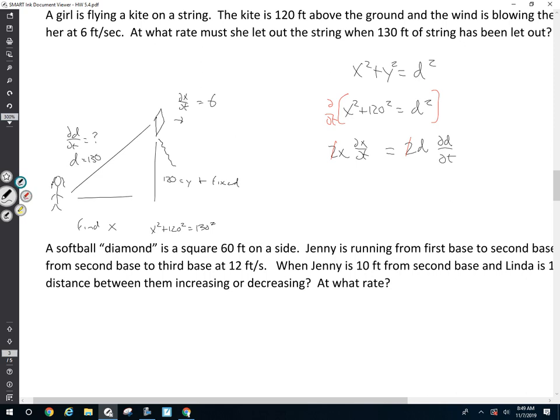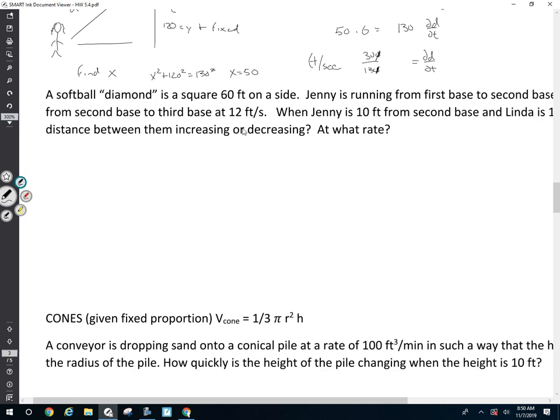X is going to be 50. So I get 50 times dx/dt, which is 6, equals 130 times dD/dt, and dD/dt is what I'm trying to find. dD/dt equals 300 over 130, so 30 over 13. This would be in feet per second. Okay, next.